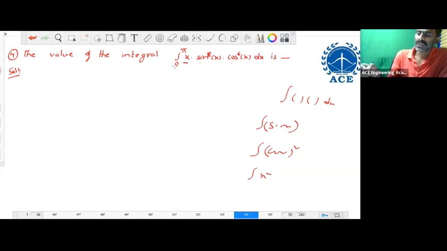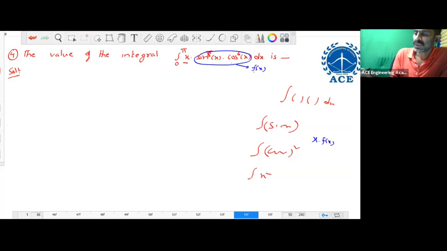Out of the 3 functions, one is just x only, and the other is sine power 8, cos power 6. If you take these two together as f of x, the whole integrand will be in the form x into f of x only.